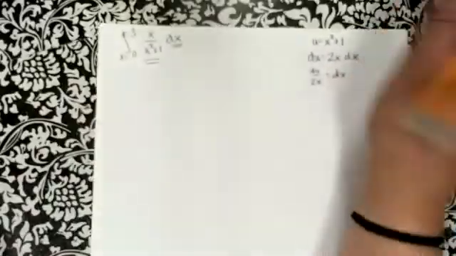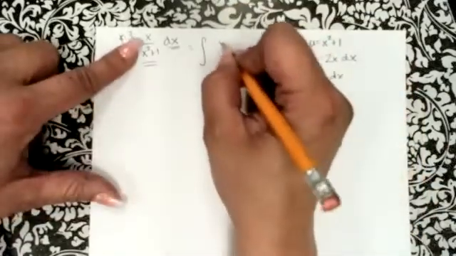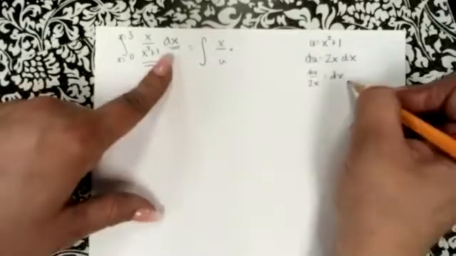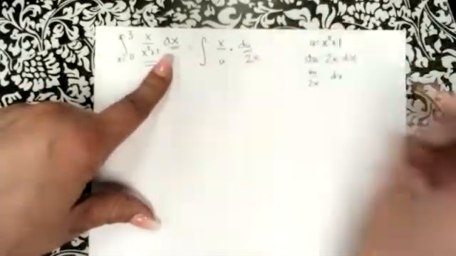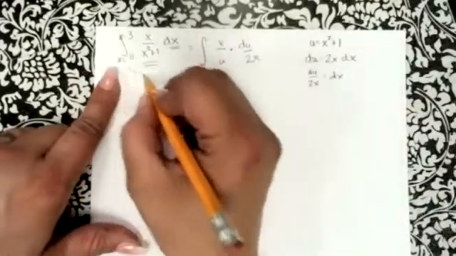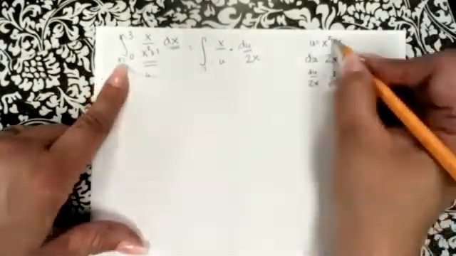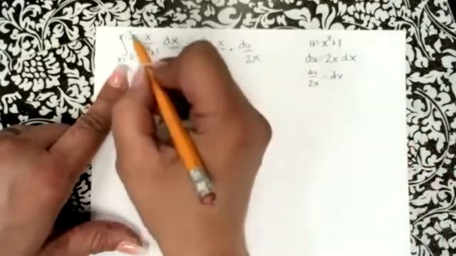So here, it's going to be an x over u, du over 2x. I'm going to change these. So keep in mind, u equals x squared plus 1, so that's going to be a 0 squared plus 1, so that's just going to be a 1 on the bottom.